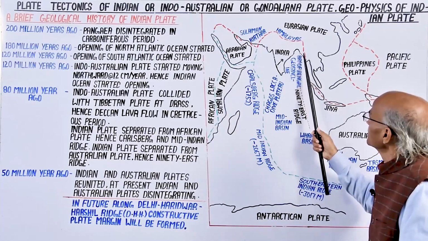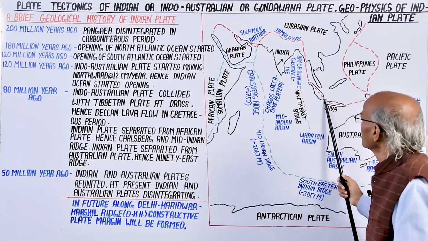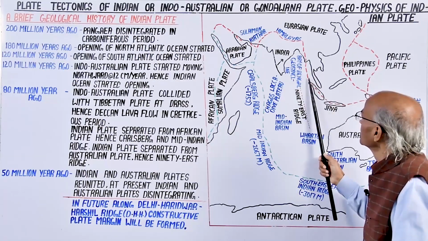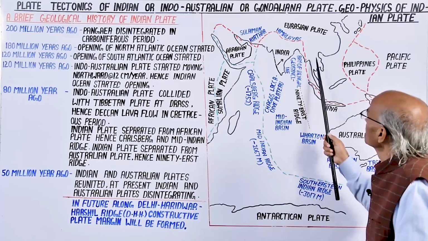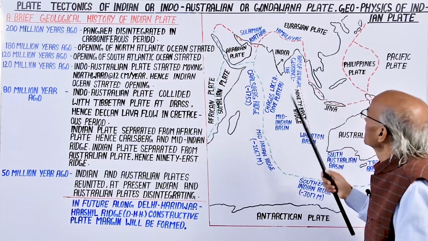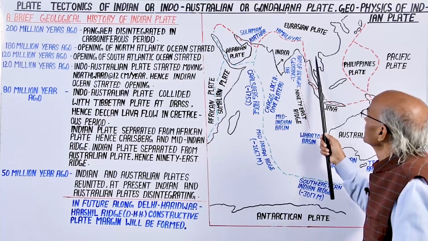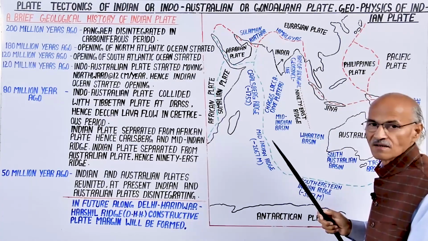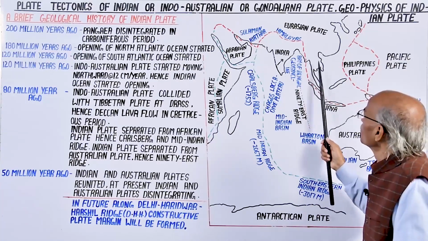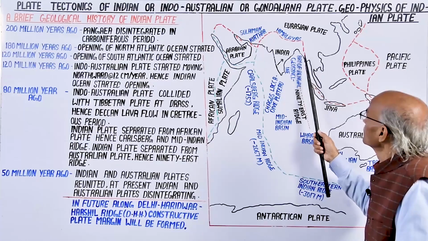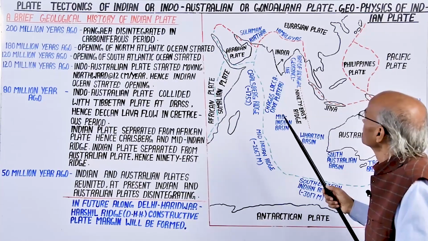Here the eastern margin of this Indian plate is destructive. Here it is the Myanmar plate or the Indo-China plate. The collision between the two results in seismic activities.